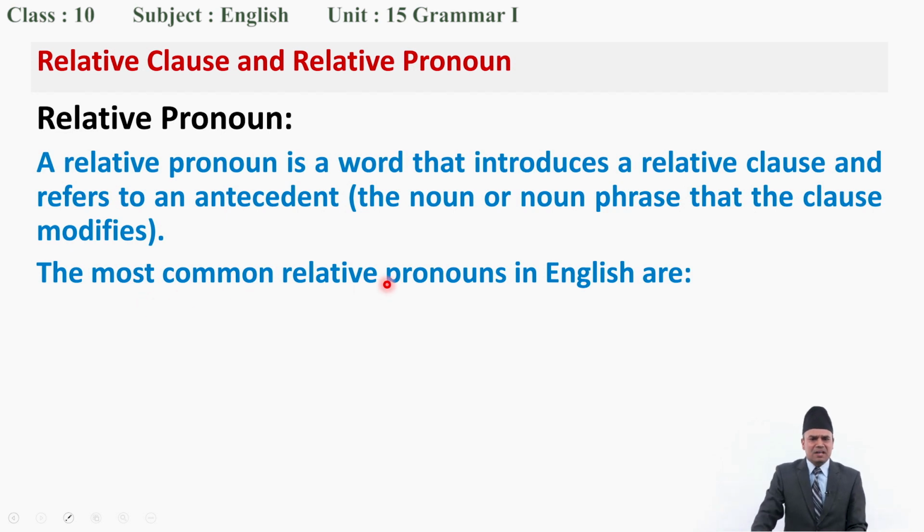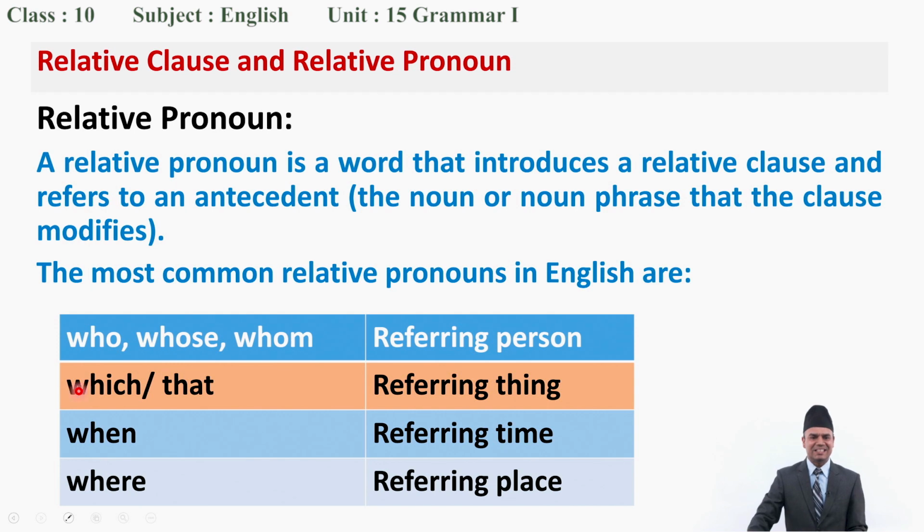The most common relative pronouns in the English language are these. Who, whose, whom: these refer to persons. Which, that: these refer to things. When refers to time.